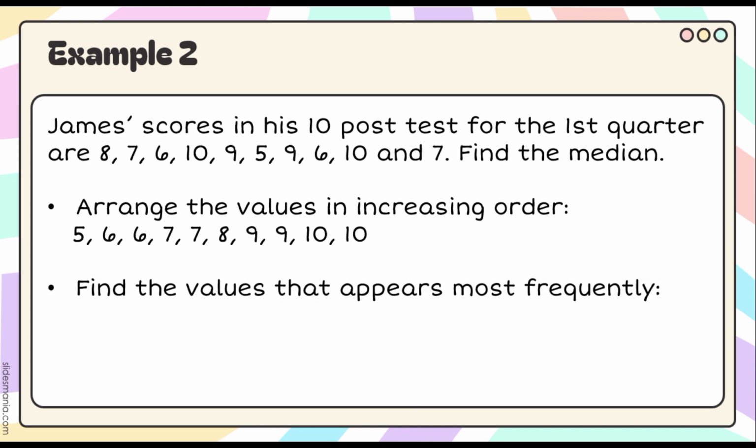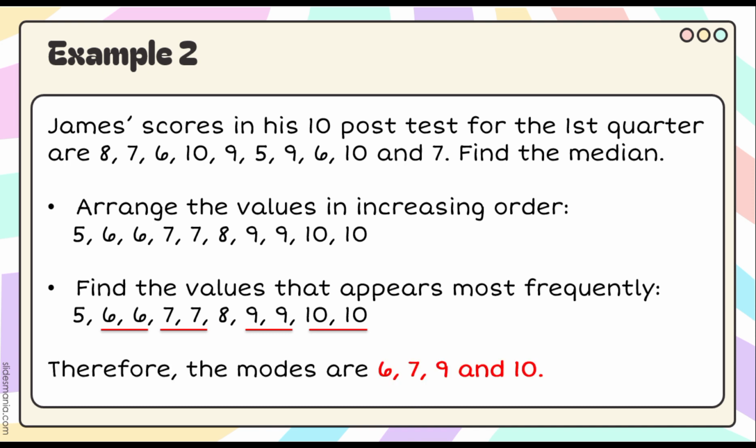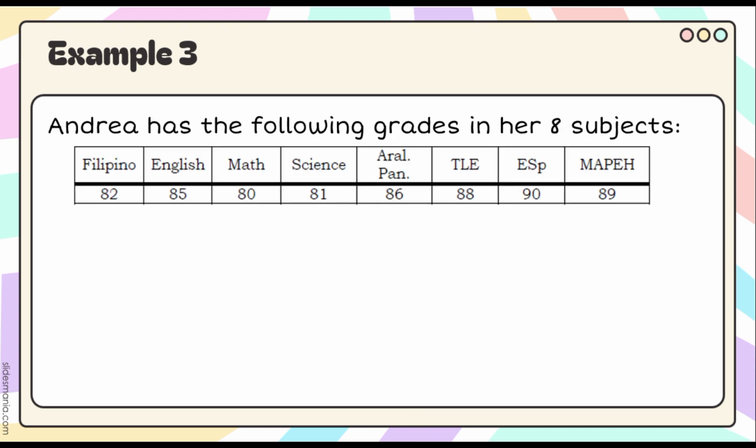Second, we find the values that appear most frequently. Here in our data, we can easily determine which values appear most frequently, right? Since 4 scores appear the same number of times, each of these scores is a mode. Therefore, the modes are 6, 7, 9, and 10.